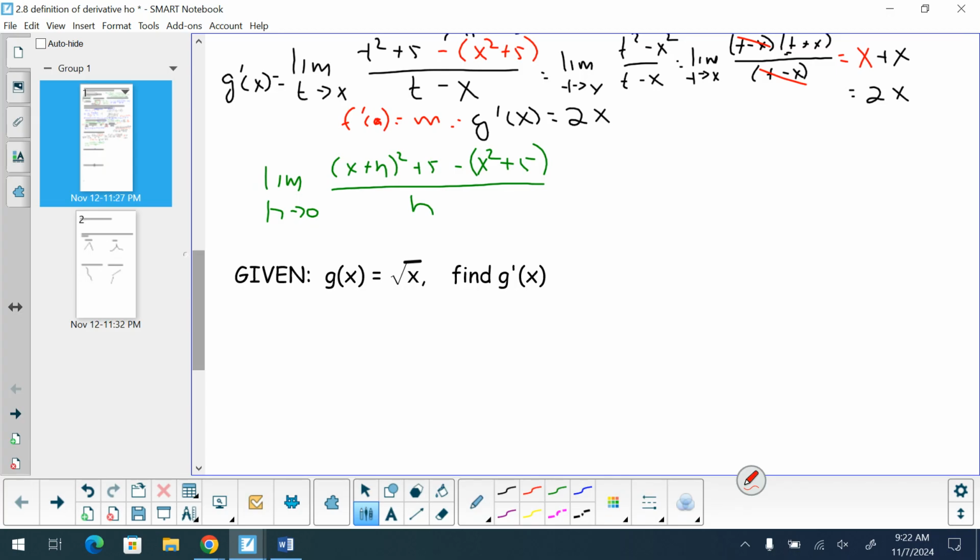Where we have the limit as h approaches 0 of x squared plus 2xh plus h squared plus 5 minus x squared minus 5 all over h. When using this method, once again, as we dealt with the difference quotient before, all these terms here at the very end will cancel out.